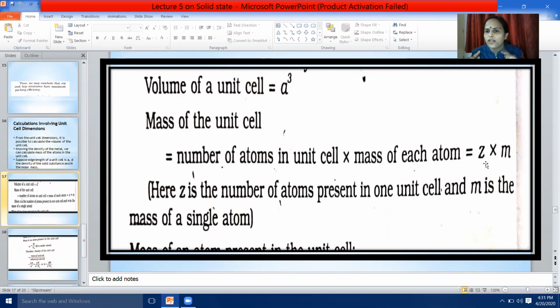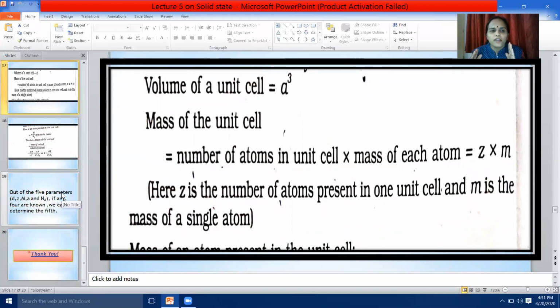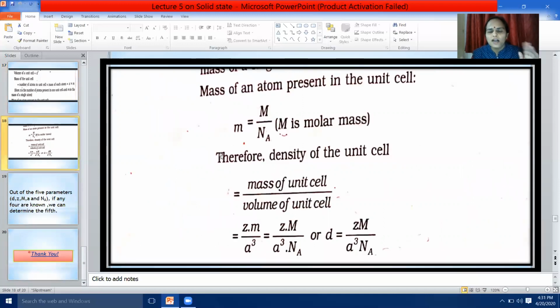Both are in small letters, small z into small m. z is the number of atoms present in one unit cell, and m is the mass of the single atom. So we can put it in the formula of density is equal to mass by volume.